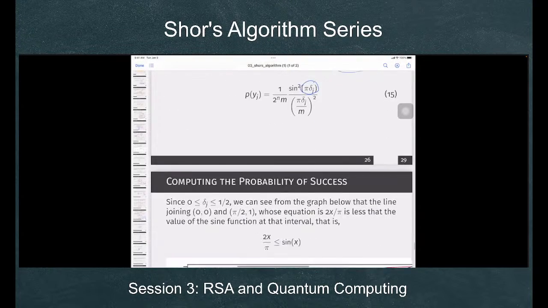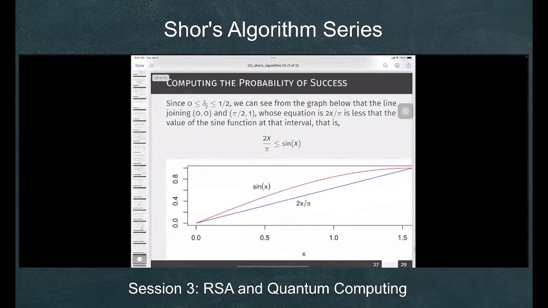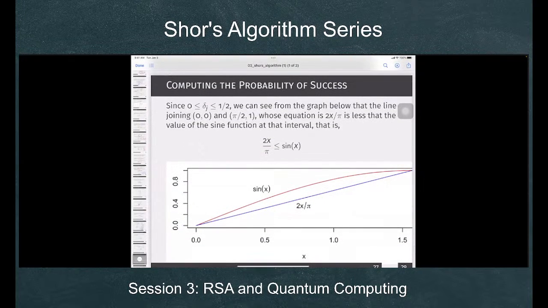So pi delta j, we'll resort to graphing it, no? This is the graph of sine x, the one in red, and the graph of 2x over pi, which is a line segment from 0 to pi over 2.